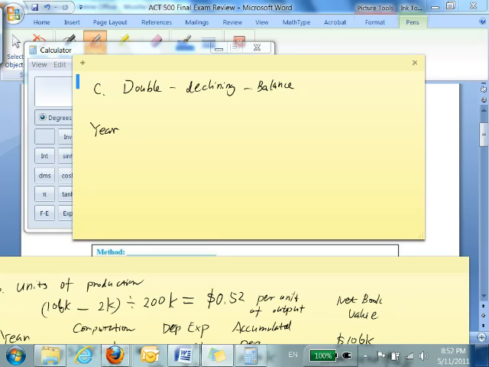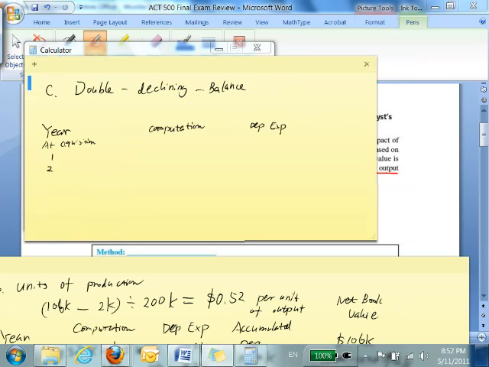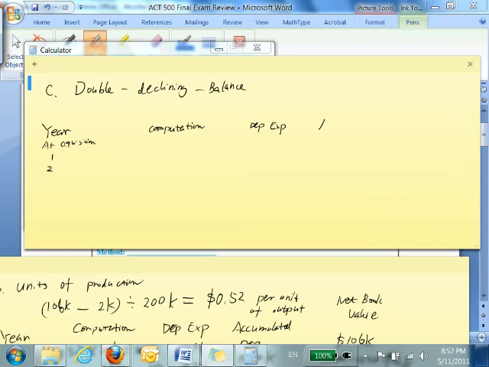Year 1, 2, and we have at acquisition, computation, depreciation expense, accumulated depreciation, and the net book value.